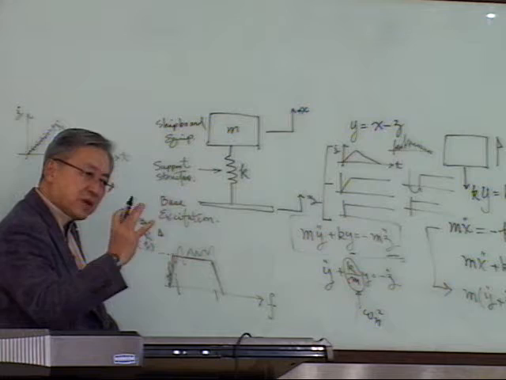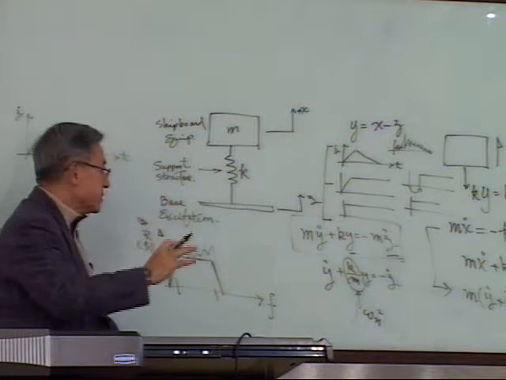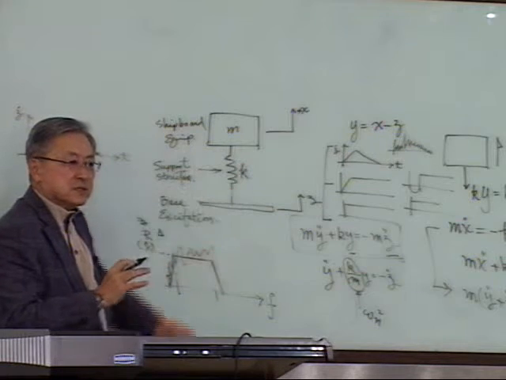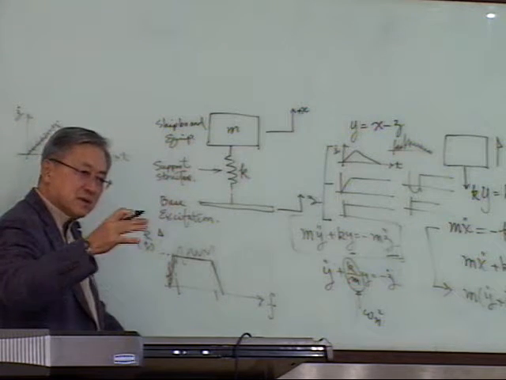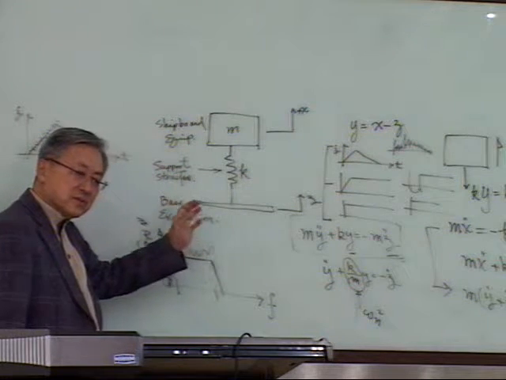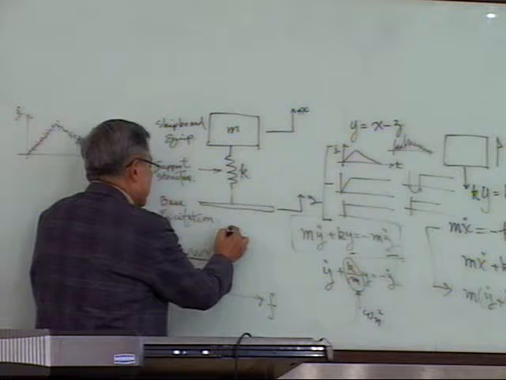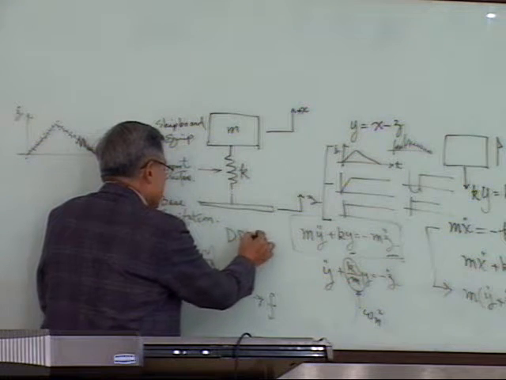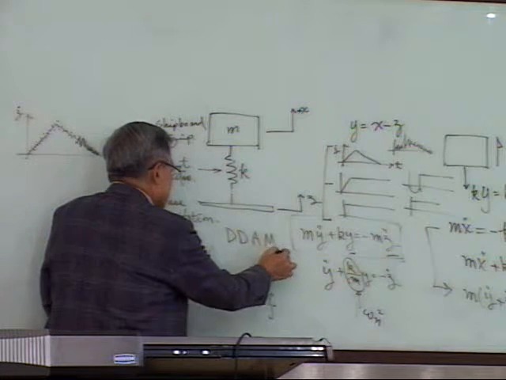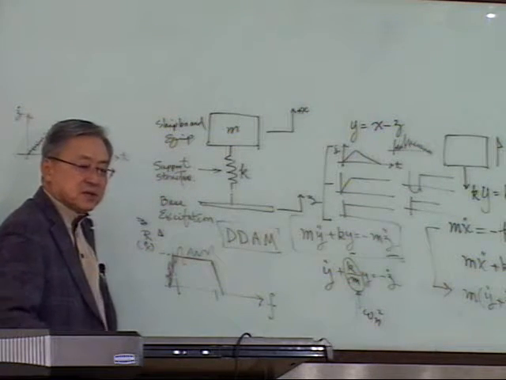So then with that information, you have to design the support systems. You know all the reasonings and all that. For that design, you can use so-called DDAM. This is one of the approaches that the U.S. Navy has been using for many years.